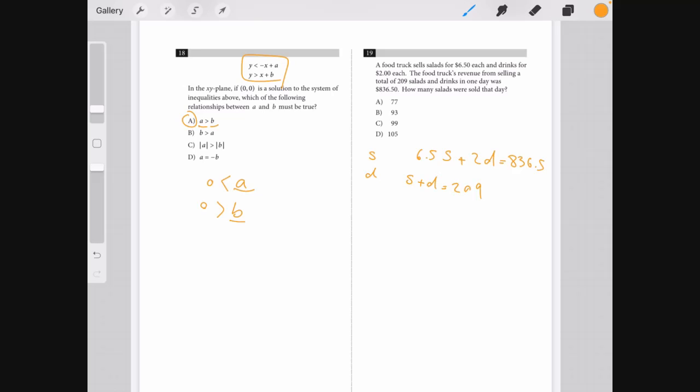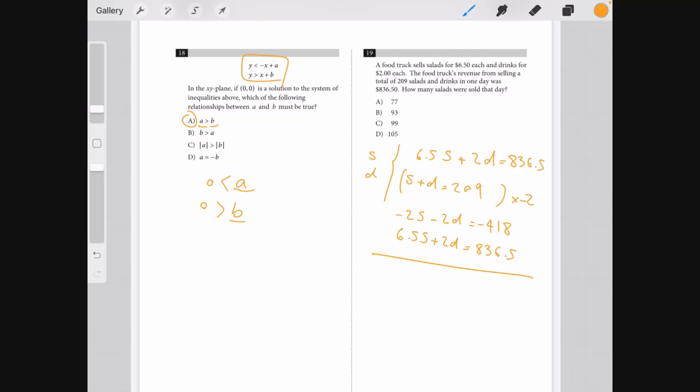So what can we do here? We can substitute, or we can do elimination. This is a system of linear equations. So I can multiply this by negative 2, basically, right? So it's going to be negative 2s minus 2d equal to negative 418. And this is still 6.5s plus 2d equal to 836.5. All right.